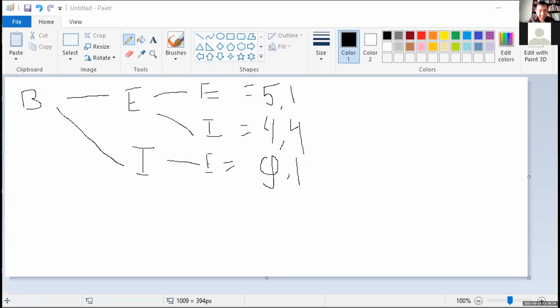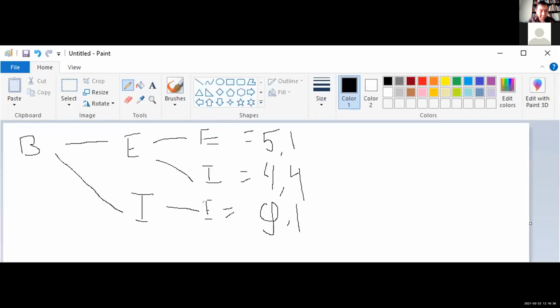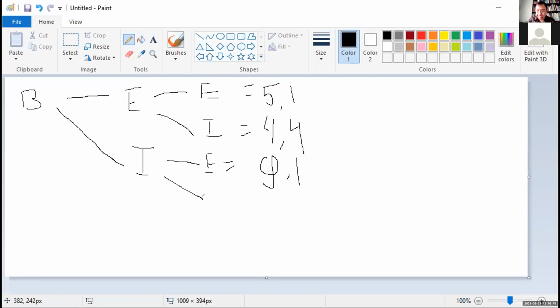So for the big point of view, if E becomes 5, 1, and then EI becomes 4, 4, and then IE becomes 9, 1, and then 0, 0. Which one will you choose in this case for Big's point of view? I think educate. Oh wait, this is -1.